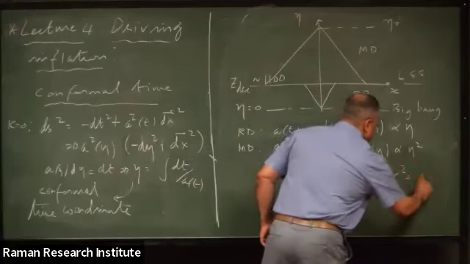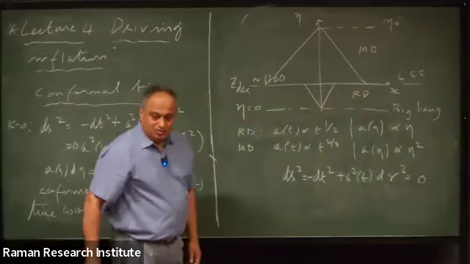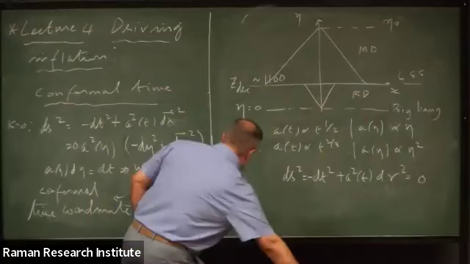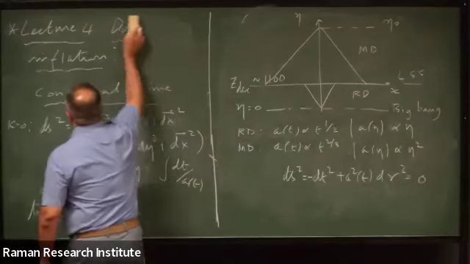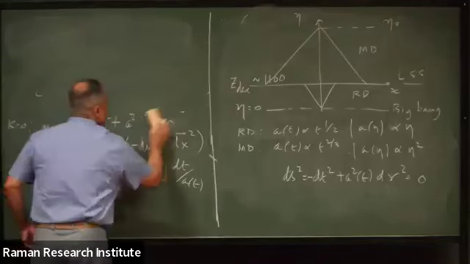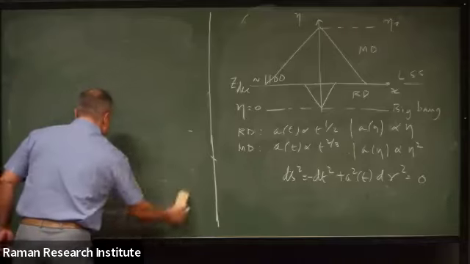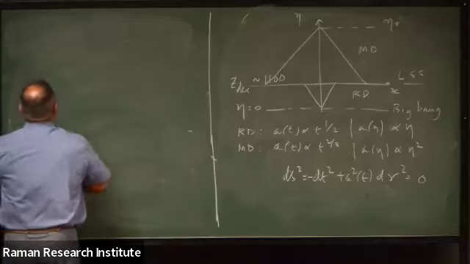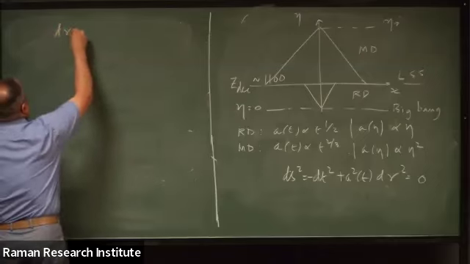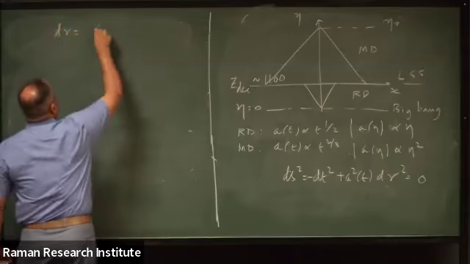We are focusing on light, so ds squared is 0, okay? And therefore, what do I have? I have dr equal to dt by a.